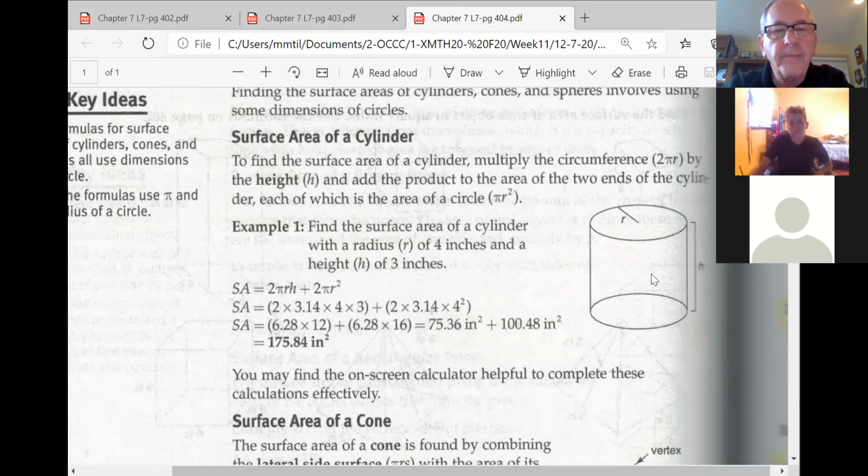The formula is 2 pi r h. 2 pi r is the perimeter of a circle, and times h gives you the wall around that cylinder. Then you add 2 times the base. The base is pi r squared, so it's 2 times pi r squared. You end up with 2 pi r h plus 2 pi r squared. That gives you the surface area of the whole cylinder.